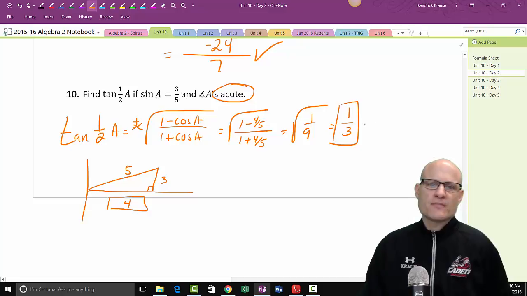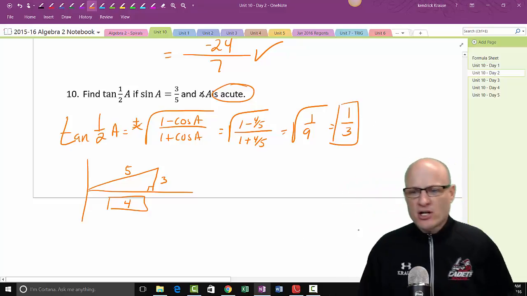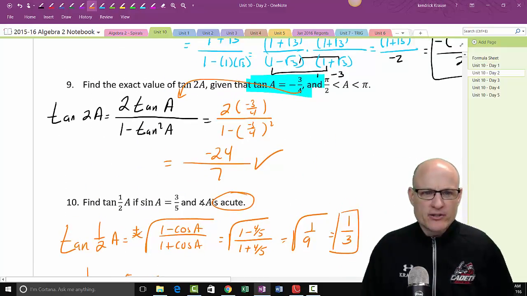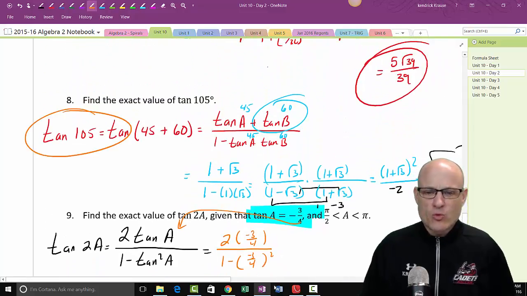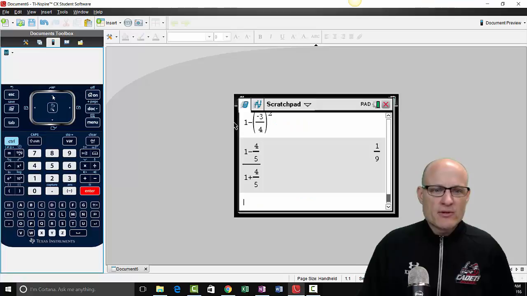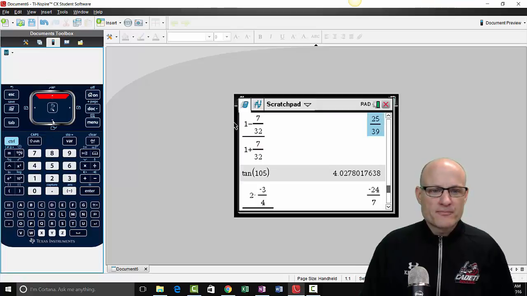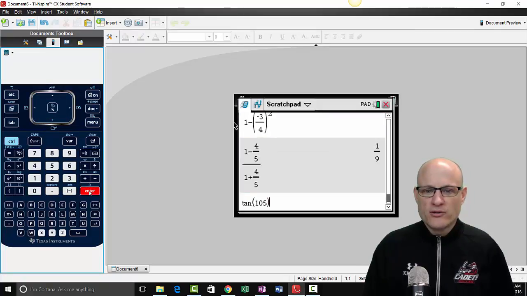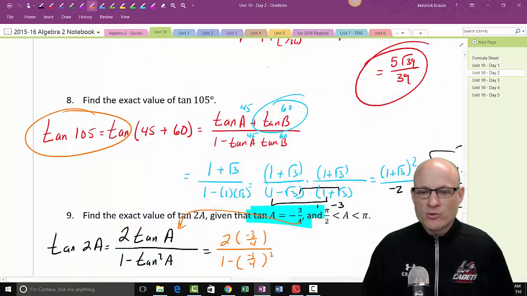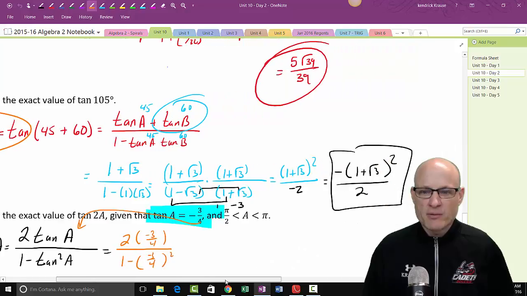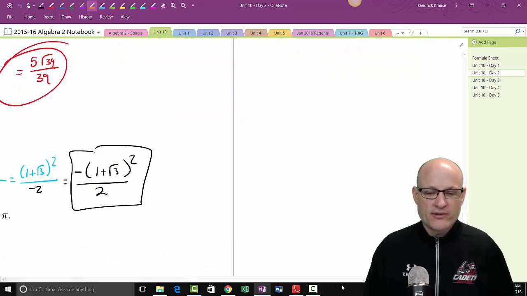Now, I meant to talk about something earlier, and I keep forgetting to do it. It's on this problem right here. We said that the tangent of 105, I did it up here, was 4 point whatever. And then our answer, when we did it, we came up with that crazy answer.